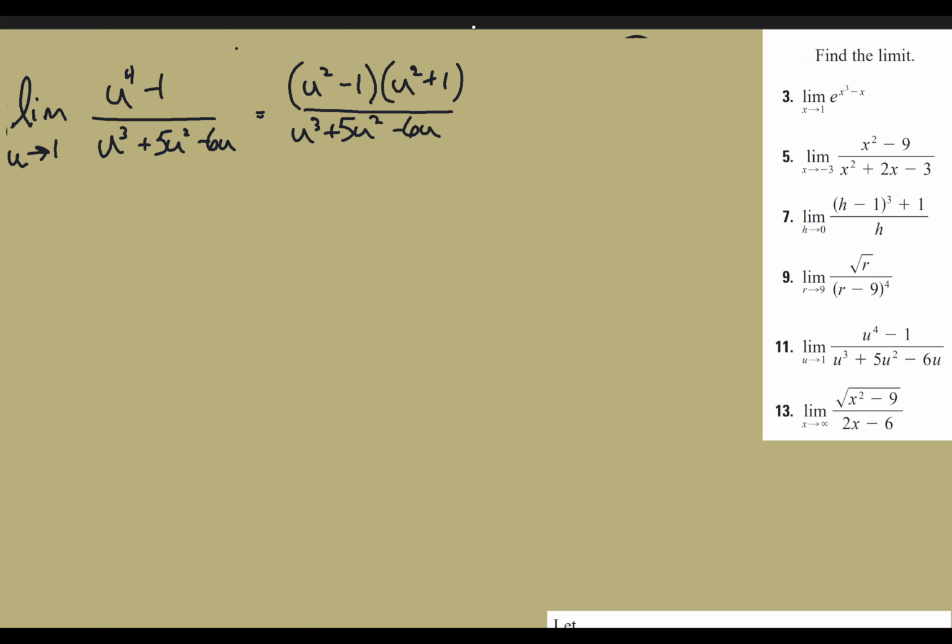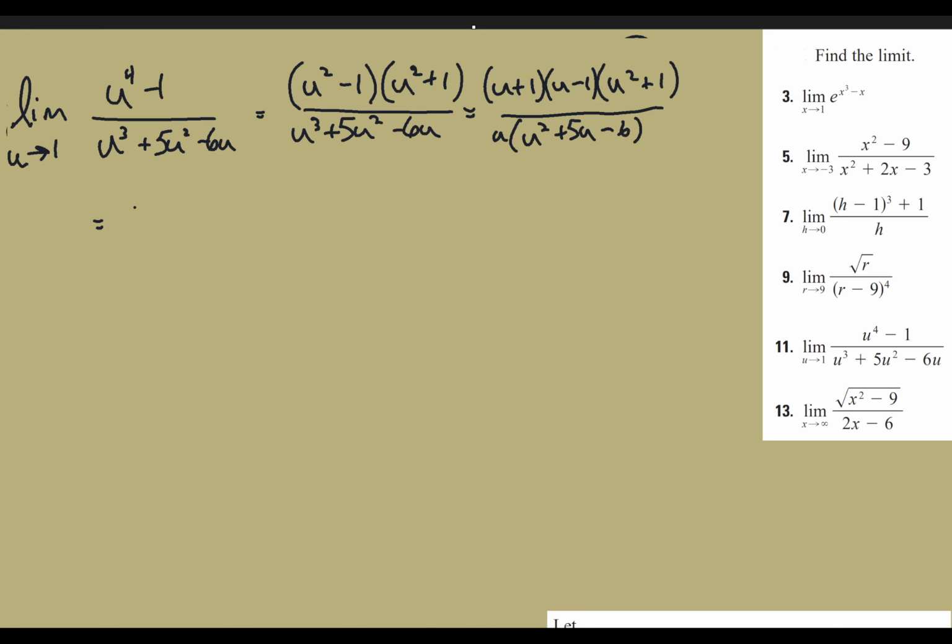You know what else? I can definitely factor this one the same way. We can do a conjugate again. So we could do u plus 1, u minus 1, and then we have that other term, u squared plus 1, that we don't know how to factor without complex numbers. I can take a u out of the bottom, so we get u squared plus 5u minus 6.